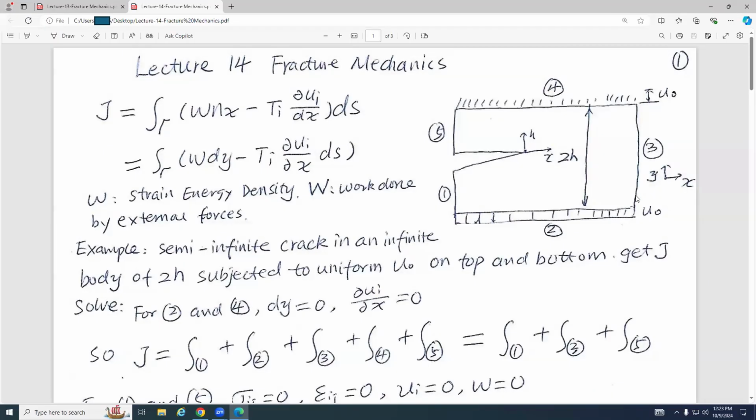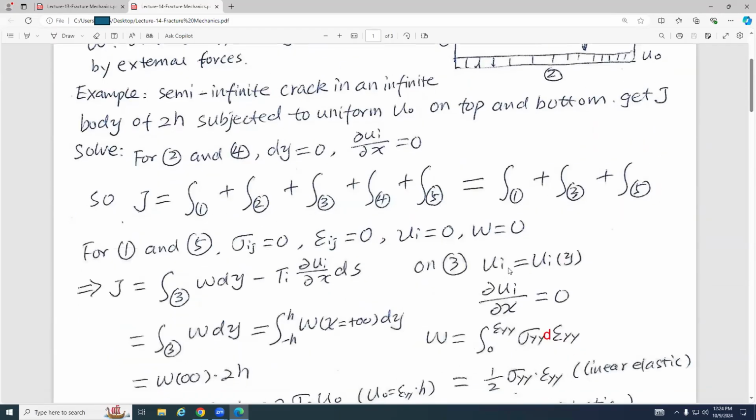Understand, guys? It is a lot of fun here, as long as you select a very special boundary gamma. Any questions regarding this one? dui/dx equals 0 because x is fixed. X does not change.